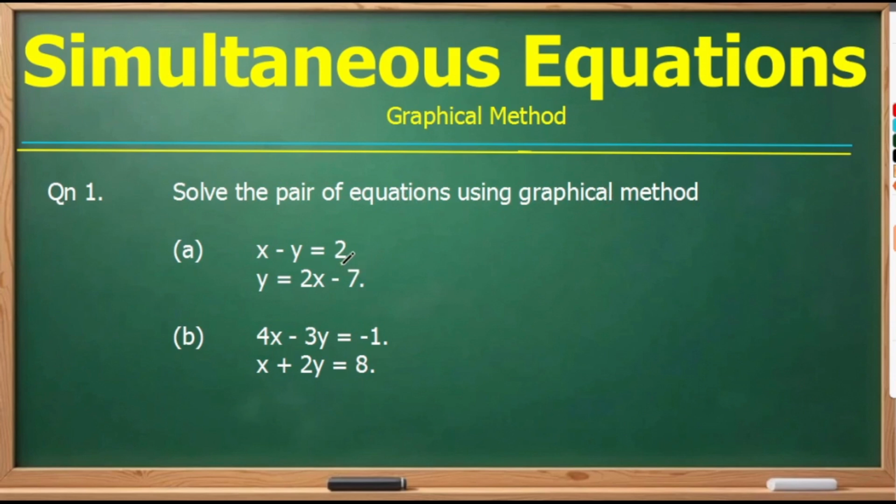There are two approaches we can use to solve these equations. In one approach, we look at the coefficients of y. If they are less than 2, like 1, just like part A of the question here, then we can use the rise and run approach to find their intersecting point.